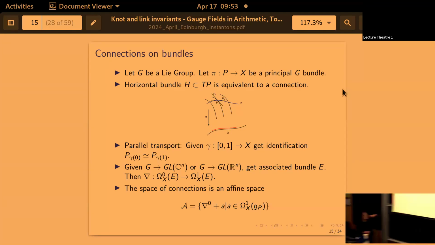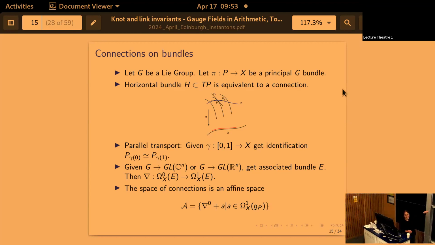In my field, X is always 4-dimensional and Y is 3-dimensional, because you count the number of endpoints. You have a principal G bundle, and you can look at horizontal sections, ways to identify horizontal directions.